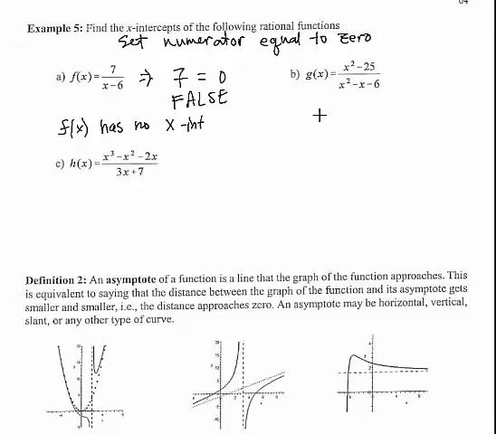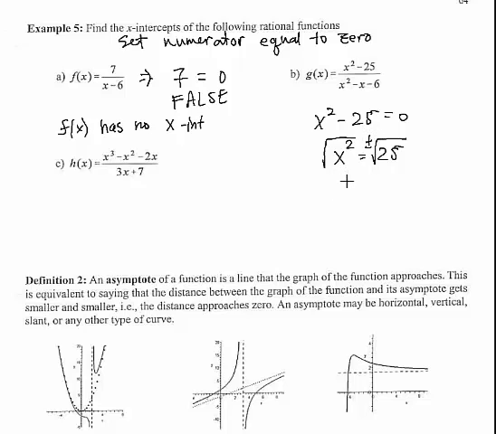But what about g of x? x squared minus 25 equals 0. This is the numerator. We don't worry about this bottom polynomial. Top, set it equal to 0. Add 25 to both sides. 25 becomes positive, now on the right side. And according to the square root property, we can take the square root of both sides.